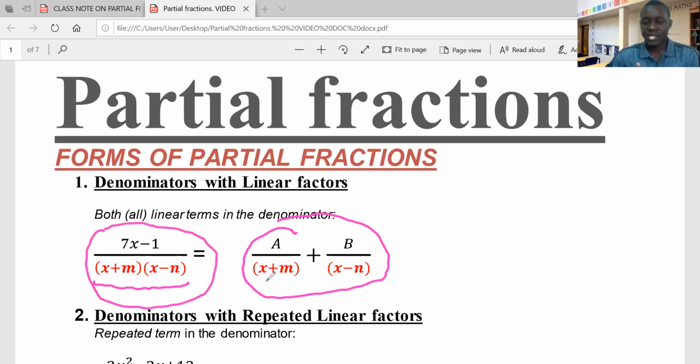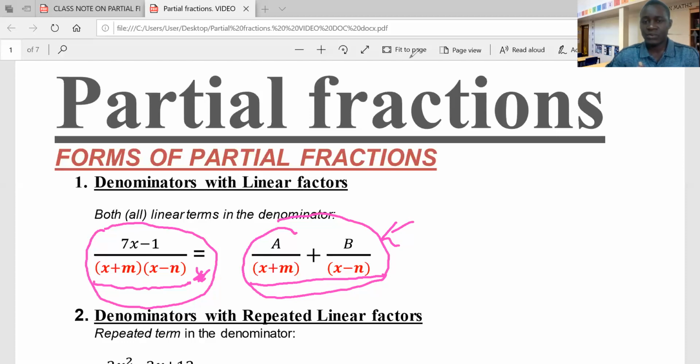So fractions of this kind on my right hand side are often called partial fractions. Now the process of expressing the compound fraction in this form is called partial fraction decomposition. Decomposition means the process of splitting up into parts. That's what we call partial fraction decomposition.